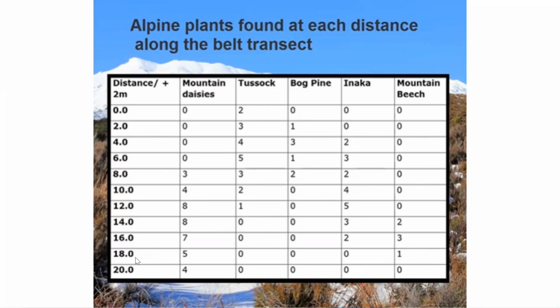Okay, now I want you to just take 5 or 10 seconds to look at other species distribution. Look at mountain daisies distribution, tussock, bog pine, inaka. And tell me, from all these 5 species, which species showed more population?